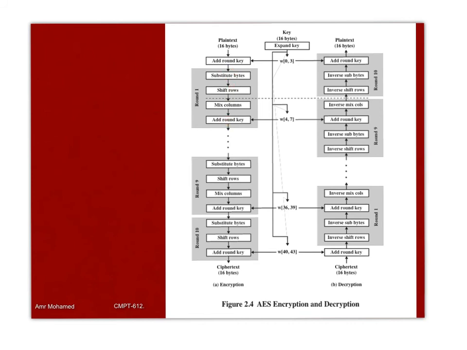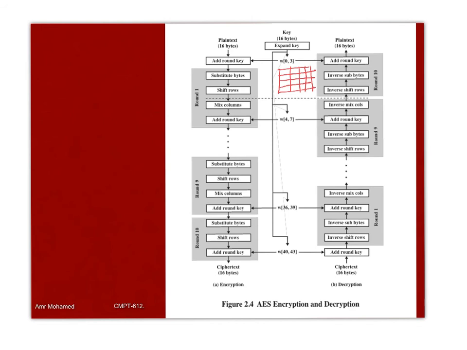The substitution basically takes each of these words. Actually, here the key is 4 rows and 4 columns. If you make it straight as a vector, it's 16 bytes.